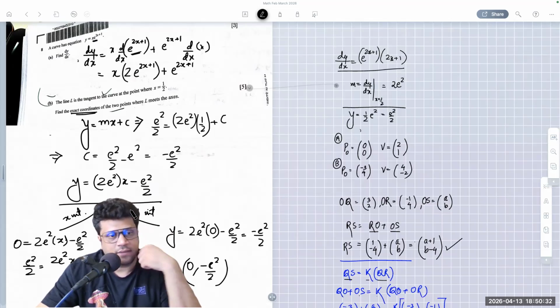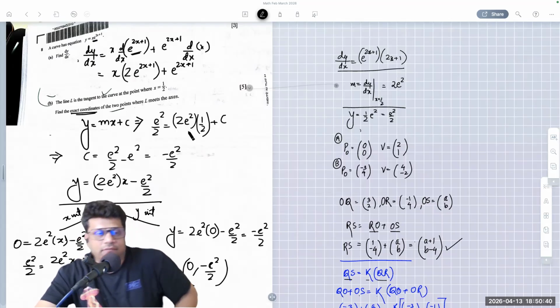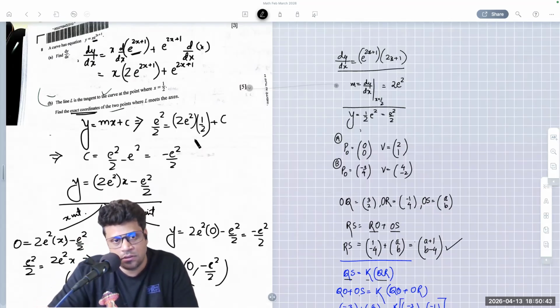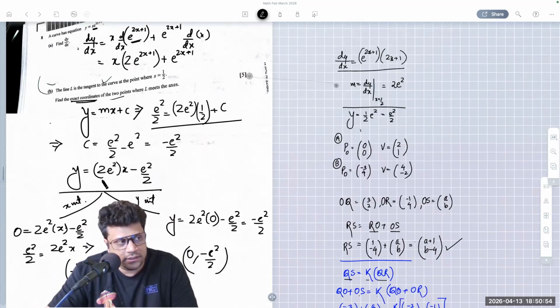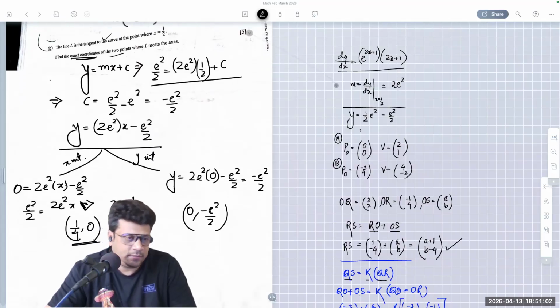Okay. So e square by 2. 2e square into 1 by 2 plus c. That is your c value. So it's going to be e by 2 square by 2 minus e square. That's a negative e square by 2. Y equals mx plus c. So the x-intercept is going to be 1 by 4. Y-intercept is 1 by 2.